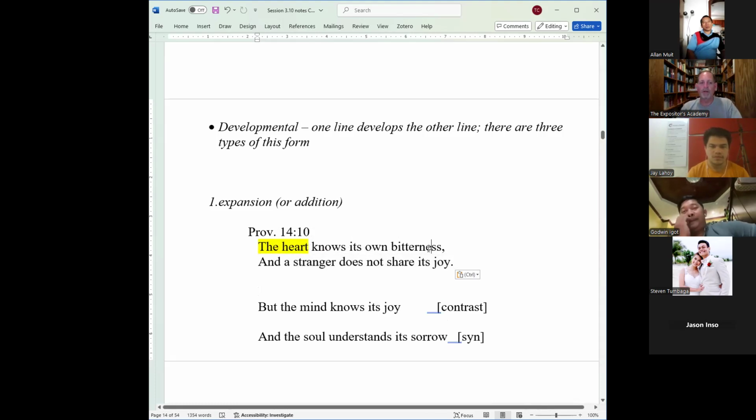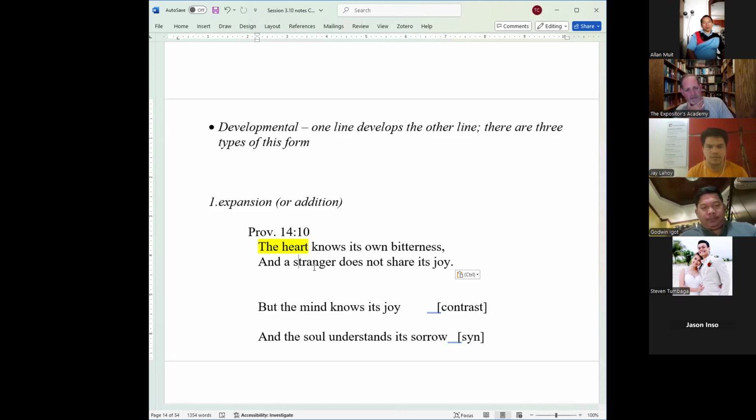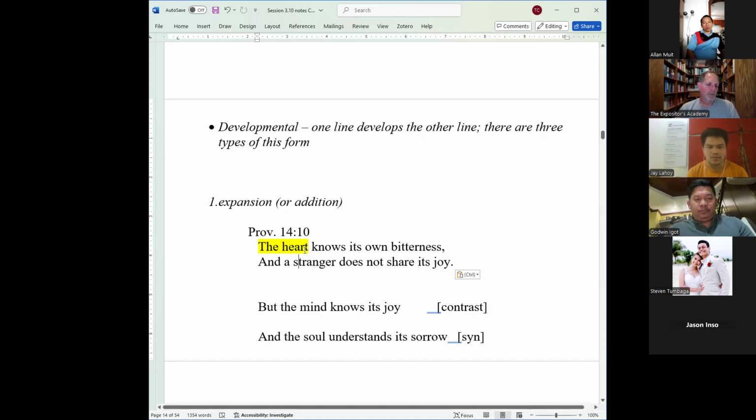Now, bitterness and joy are opposites, but the heart and a stranger, I guess there could be a case for contrastive here. I have to think about it. But it seems like we're just getting more information about the heart.